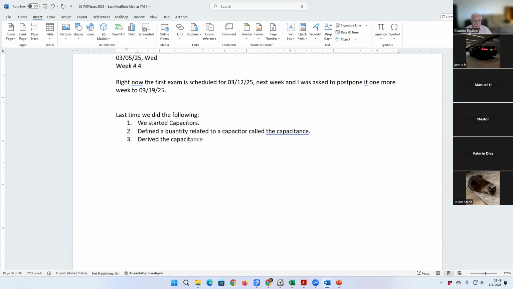Derived the capacitance for two different types of capacitors: the parallel plate capacitor and the spherical shell capacitor.